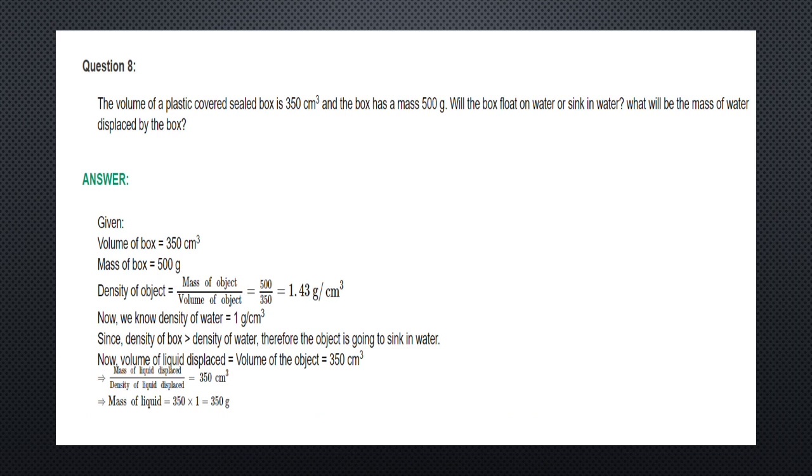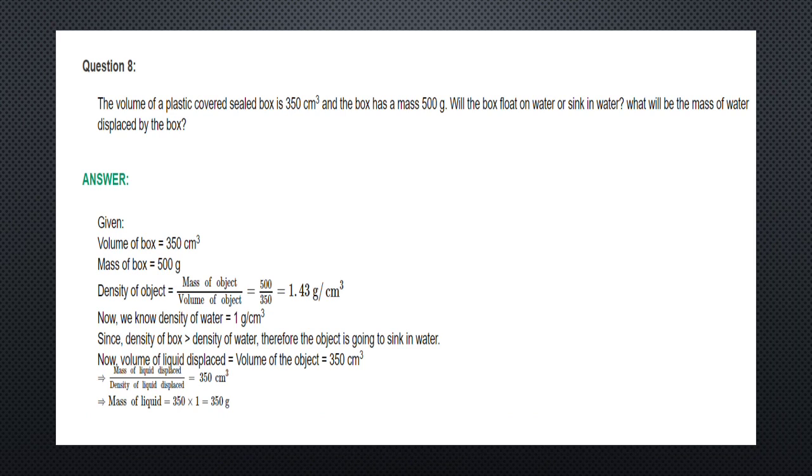Mass of the box is 500 gram. So now we will calculate the density first to find the answer, whether that box will float or sink. Density of object is equal to mass of object upon volume of object. Density is equal to mass upon volume. This formula we have written over here.